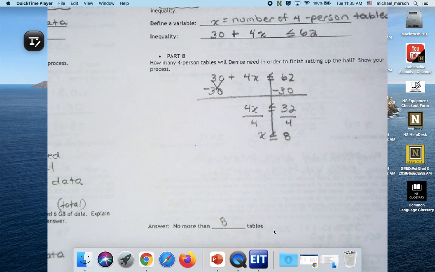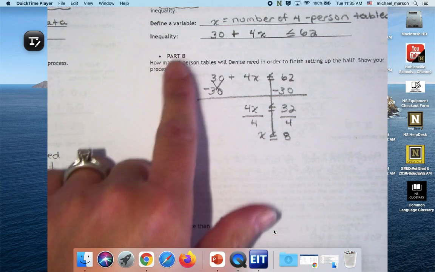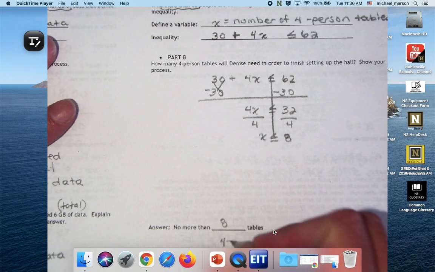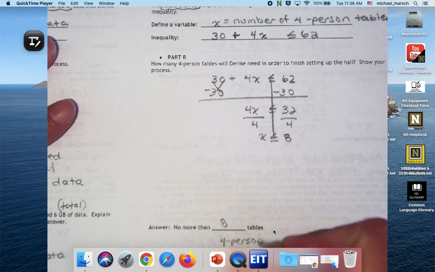And how many 4-person tables would she have? 8. How many total? 13. Maggie, if she already has the 5 6-person tables, that's 5 tables. If she has 62 people attending the banquet, she would need 8 of these tables. The question is how many 4-person tables? So this is 8 4-person tables.